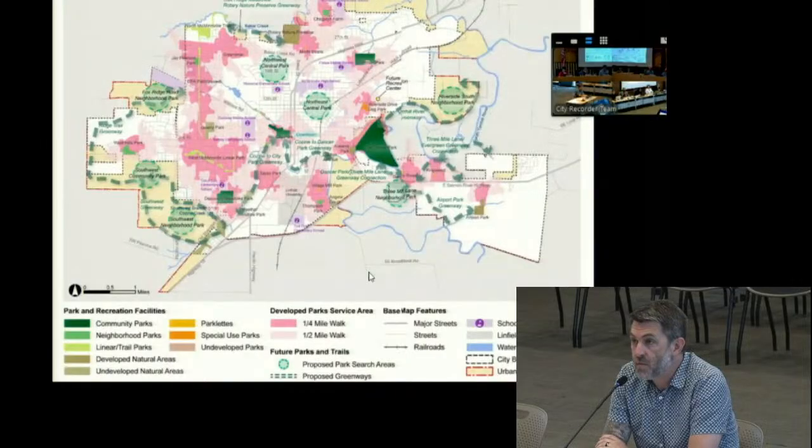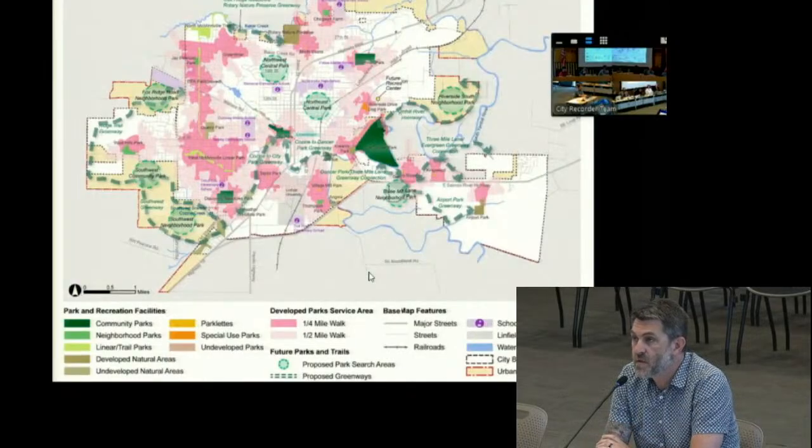So those projects are mostly on the outer urban growth area portions of the city. There are 2 projects that are called out for in the northern central part of the city for new parks there. The reasoning behind that was the goal was to have a park within a quarter-mile walk of every resident, and those 2 areas were shown to be islands without park access.